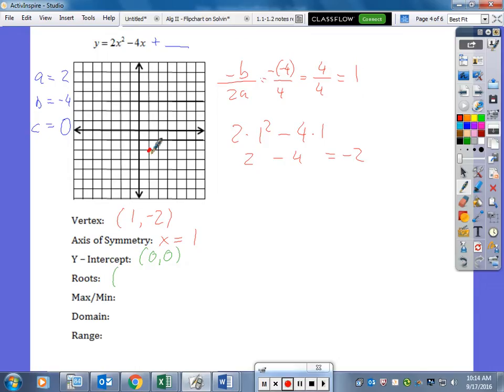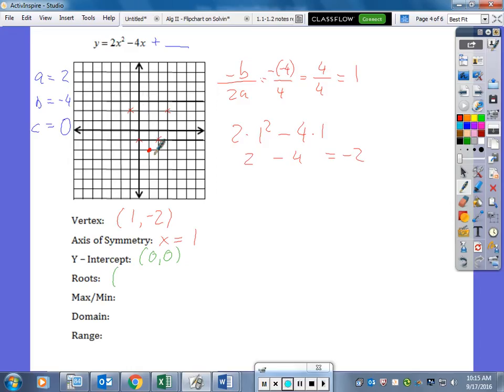Now let's think about our dilation. Normally we would go 1 to the right, 1 up, 2 to the right, 4 up, 1 to the left, 1 up, 2 to the left, 4 up. Instead, because a is equal to 2, we have to double all that.